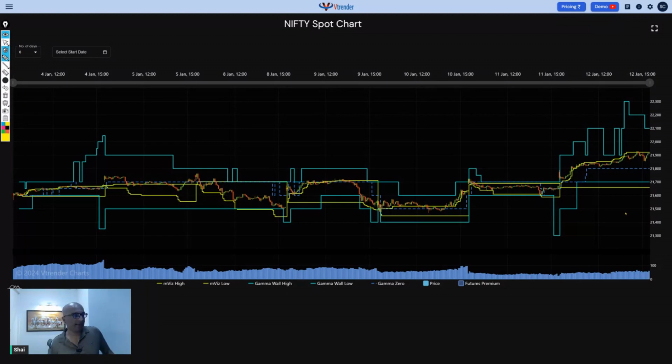Now, what do I mean by that? Suppose a trader, or rather an institution, has got a 21,800 CE PE short. So he sold a straddle, 21,800 CE and 21,800 PE, right?